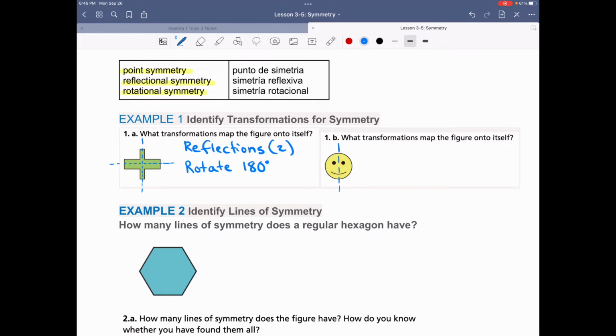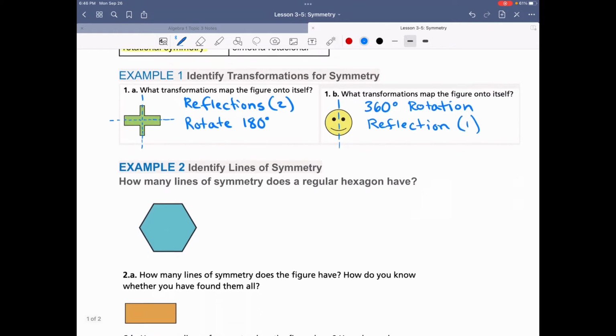So it really only has a rotation of 360 degrees for it to be symmetrical. And all figures have a 360 degree rotation before it becomes symmetric again. And then we have one line of reflection, so we can reflect it one way.